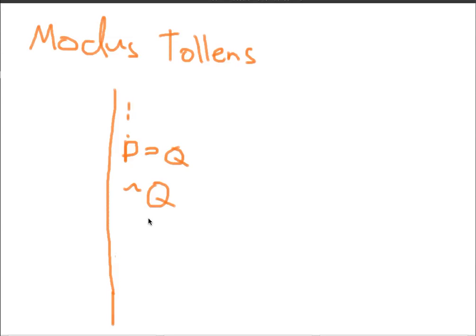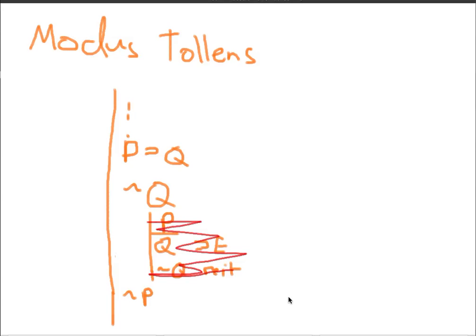But the way we would have had to do that up to now in our system is to assume that P is the case, then derive Q by conditional elimination from the line up there, and then we'd have to get not Q by reiterating that here, and then we could actually get not P. So we have these 3 extra steps that we'd have to do if we wanted to get not P. What Modus Tollens lets us do is say, let me give you a shortcut.